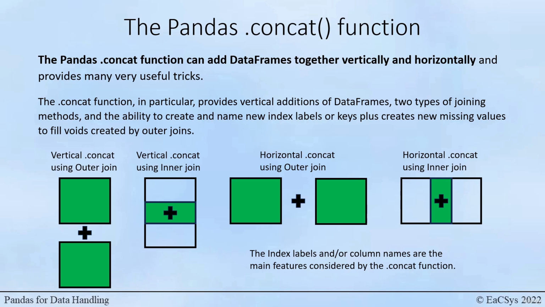And the concat function can add data frames horizontally, an addition which functions on a key versus key basis and may create missing values when keys are missing in one or maybe all of the concatenated data frames. Adding data frames horizontally creates more columns, and the concat function can handle these new columns with a similar scheme as when adding data frames vertically.